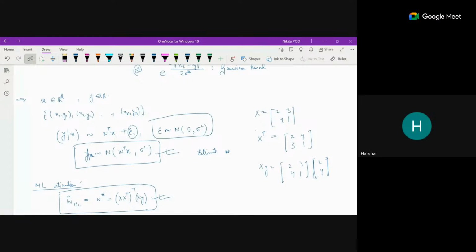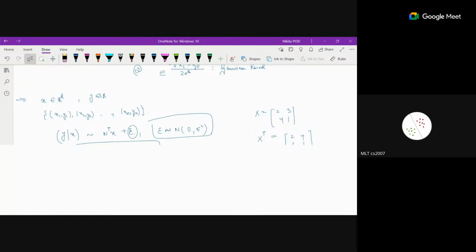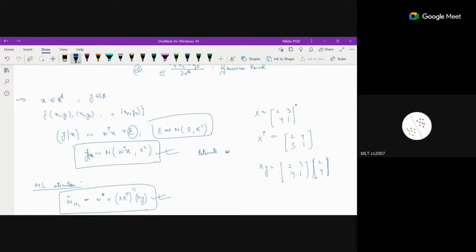Is it xtx and then xty? Oh, you're saying is x this or is this x? Is x that and then xt is that? In case the question is given like that, it should be mentioned, no?